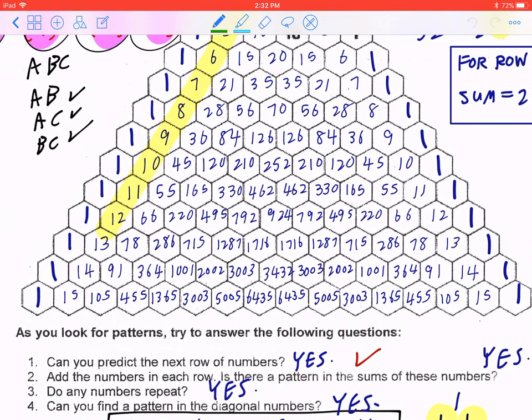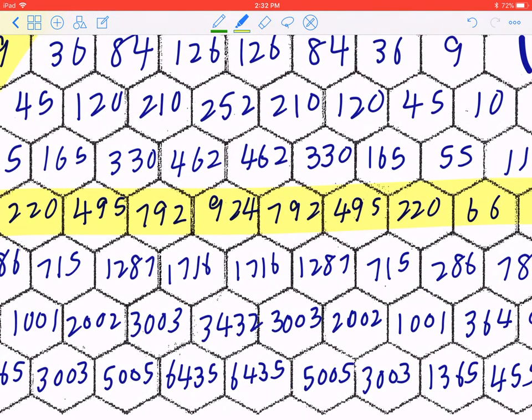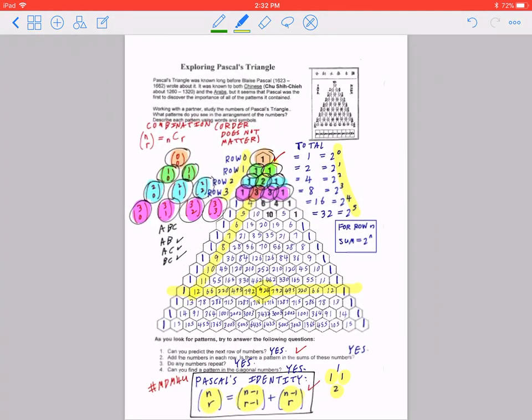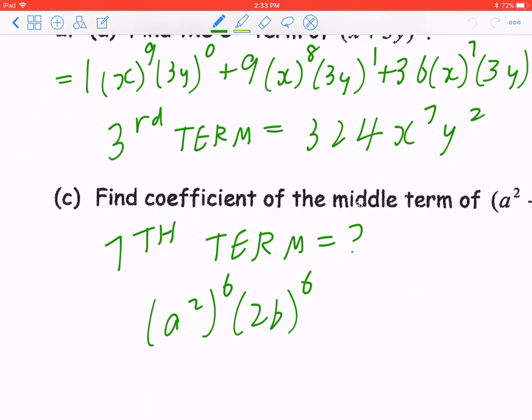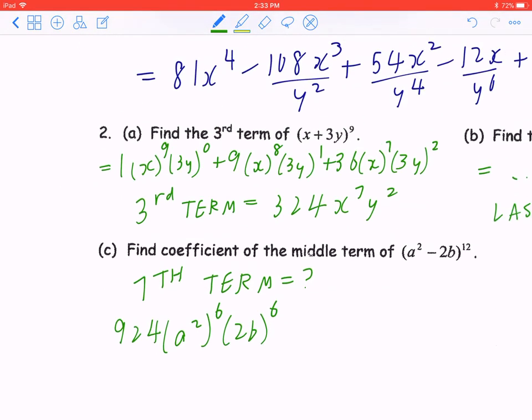And if you look at this, row number 12, right here, the middle term is going to be 924. So you go back and you write down 924. And you also have to look at the signs. And again, it's a shortcut, I know, but if you count the signs, it's plus, minus, plus, minus.